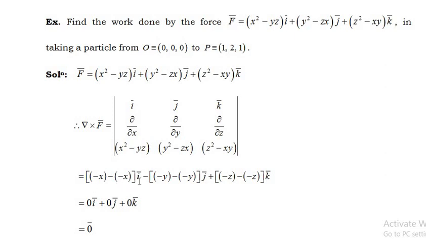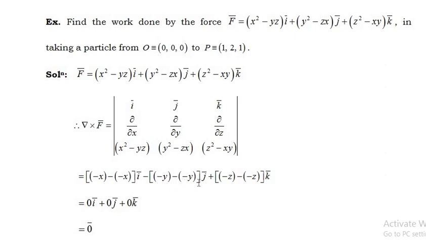So minus x plus x times i, that is 0. Then minus j times derivative of z square minus xy partially with respect to x is minus y, minus derivative of x square minus yz partially with respect to z is minus y.